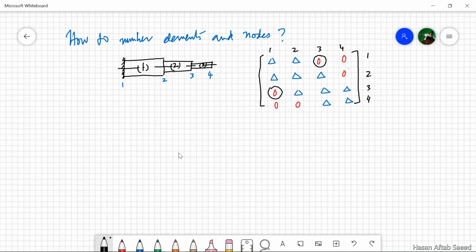Node 1 and 2 are connected by element 1, so here you have a number. 1 and 1, obviously the diagonal will always be populated because 1 is connected with 1. Similarly, you have this 1 4 position, again 1 and 4 are not connected. You have this 2 and 4 not connected. And wherever there is a direct connection, you have a number. Now we come to another property of the K matrix, and that is the K matrix is a banded matrix.